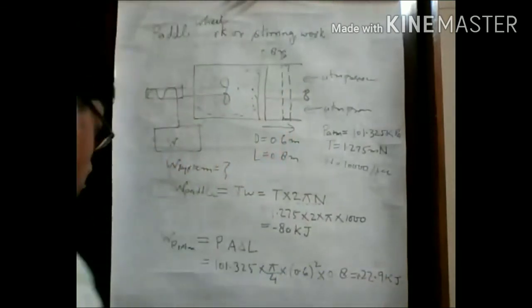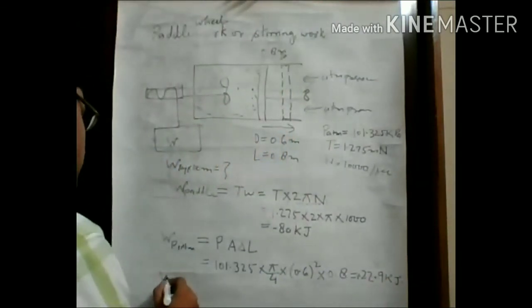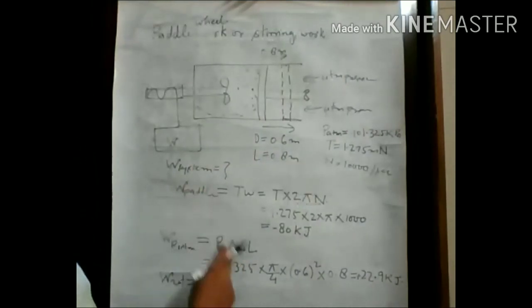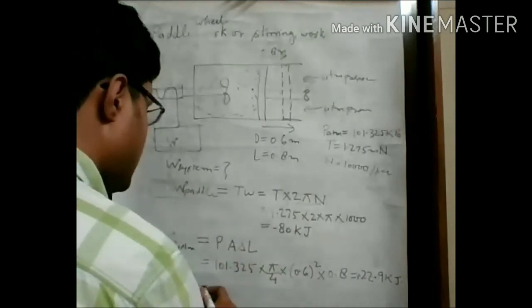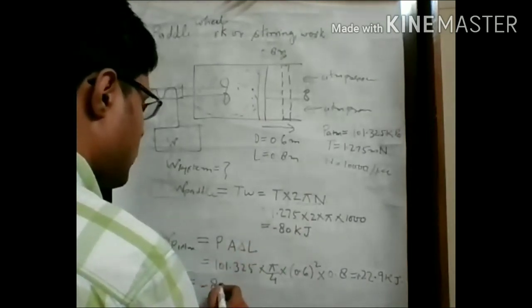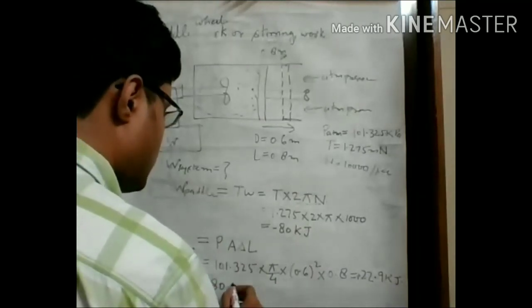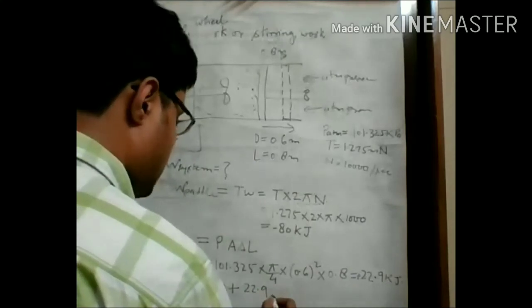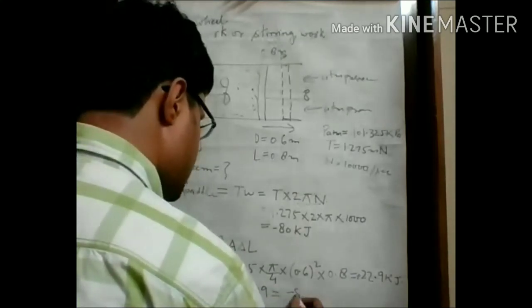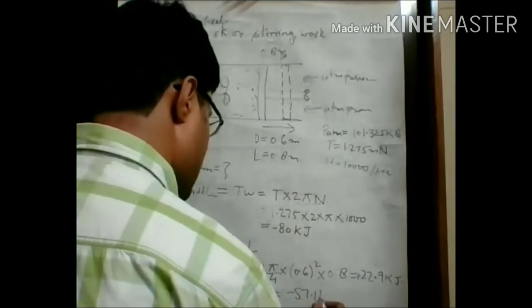So if we want to calculate net work done by the system, that is simply W paddle plus W piston. Since W paddle is negative, we are taking the algebraic summation of all types of work. So that is minus 80 plus 22.9, which is equal to minus 57.1 kilojoule.